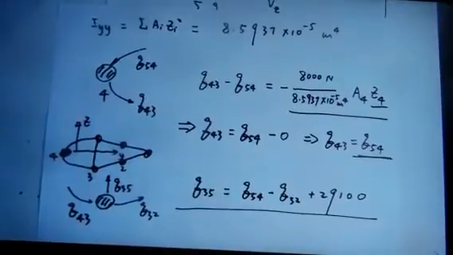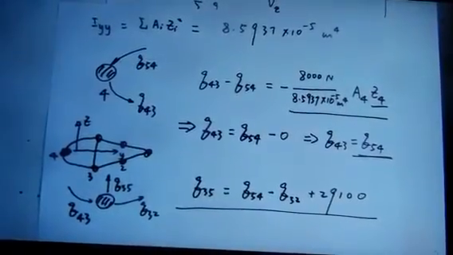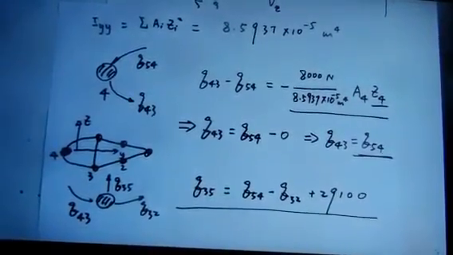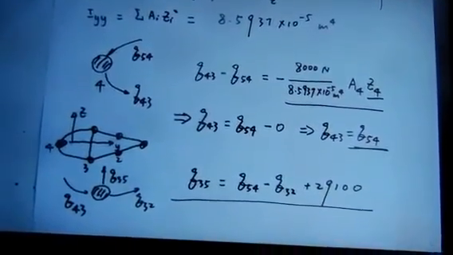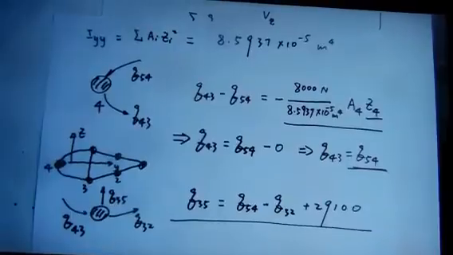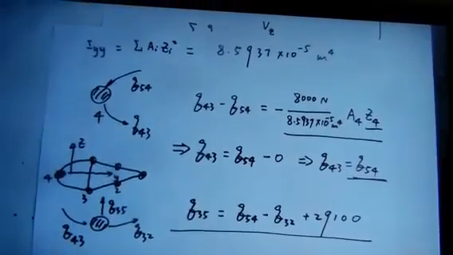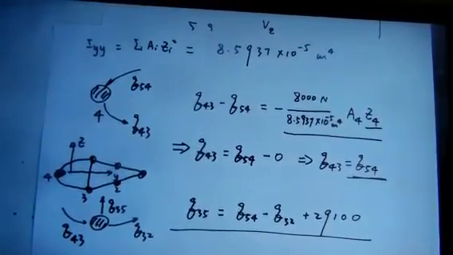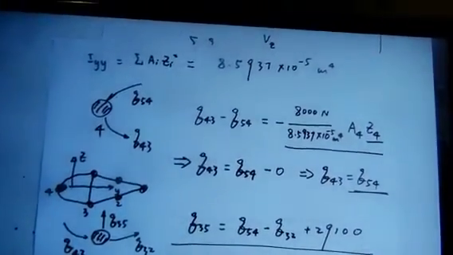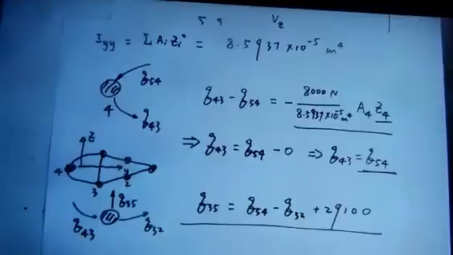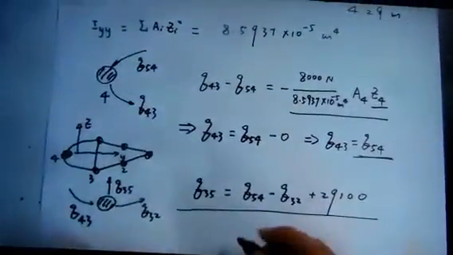I'm going to write all of the shear flows in terms of this one and this one. You will have 2 unknowns to figure out, different from the previous examples. We only had 1 unknown, but now you will have 2 unknowns. All of the shear flow can only be written as a function of Q54 and Q32. Okay, so do that area by area.